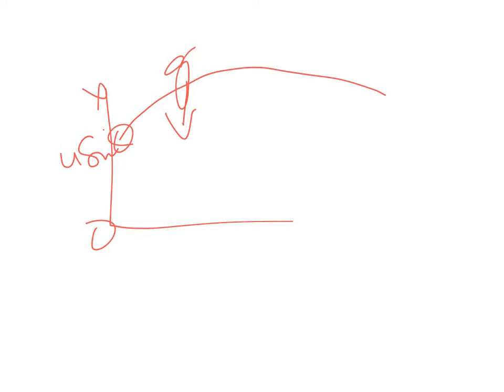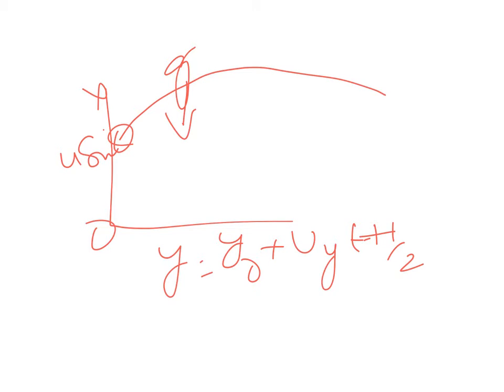Now, just like x is equal to x naught, here we will take y is equal to y naught plus uyt plus half ayt square. Because y naught is equal to 0, this term is 0.